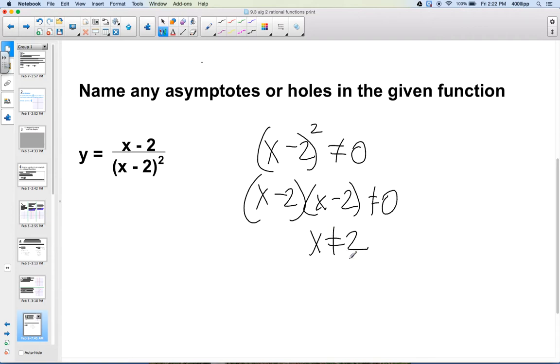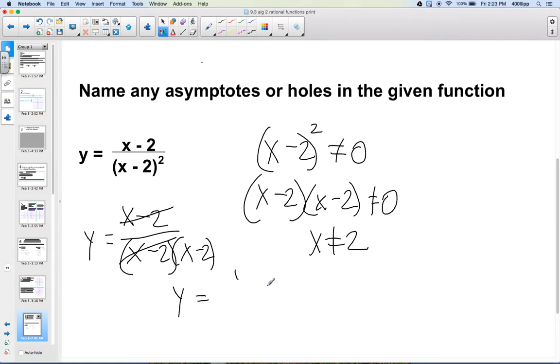Okay, so now if we look here, we want to see if I can factor this. And if I factor this, I'm going to cancel out my x minus 2's in the numerator and in the denominator because we have one in the numerator and the denominator. So in the numerator, I just have a 1 left over, and in the denominator, I have x minus 2 left over.